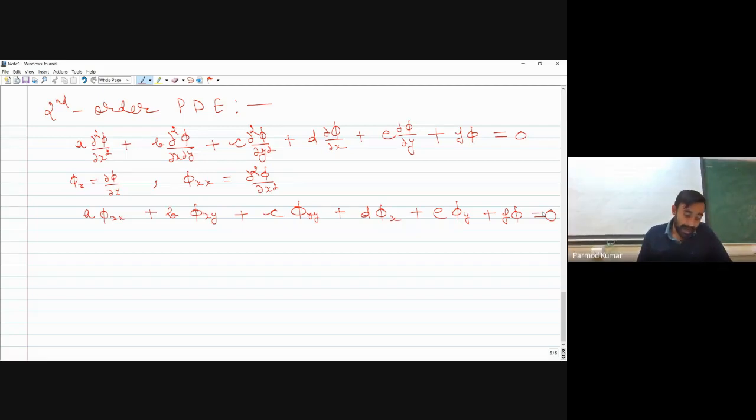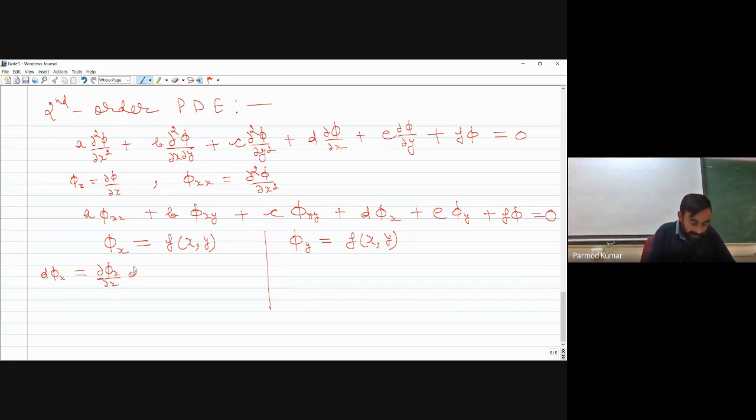Now, phi x is nothing but del phi by del x. If I am considering this in an xy system, phi x will be a function of x comma y. Similarly, we will be having phi y, which will be a function of x comma y. If I apply the chain rule, d phi x will be equal to del phi x by del x times dx plus del phi x by del y times dy.